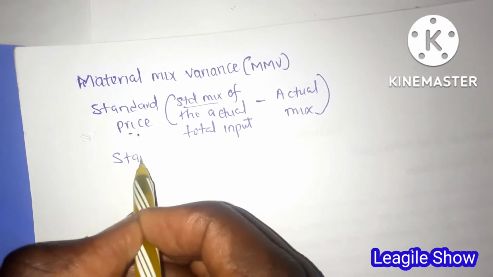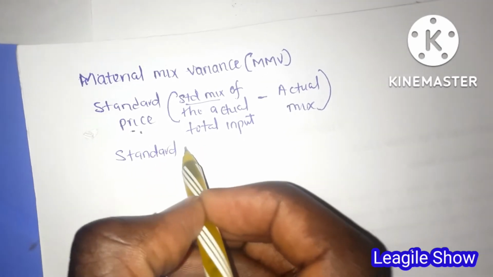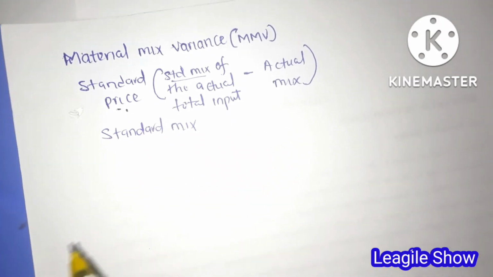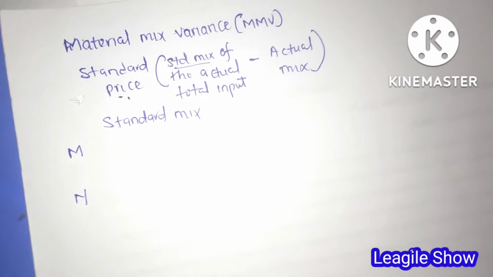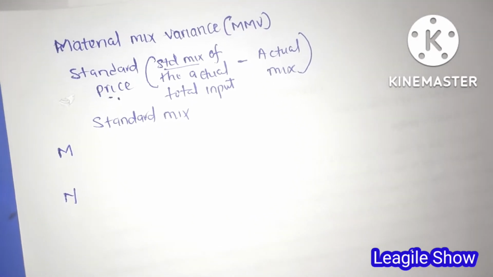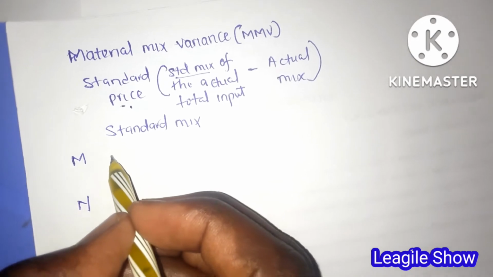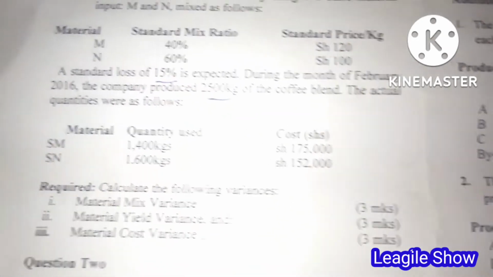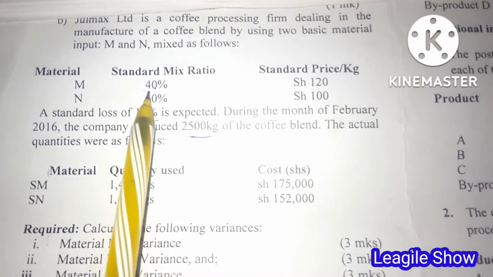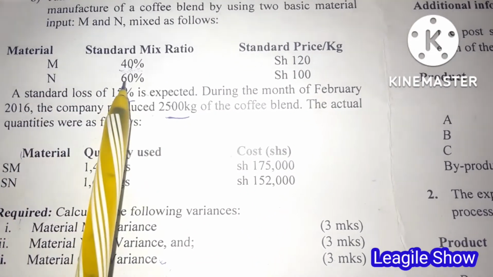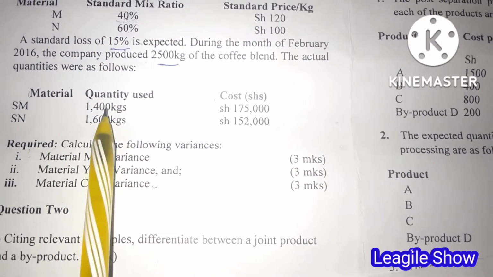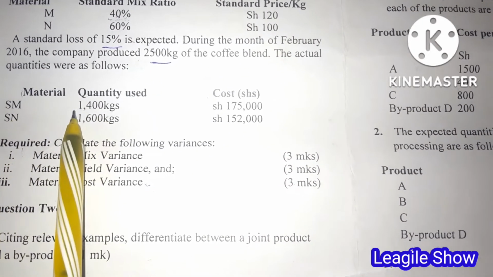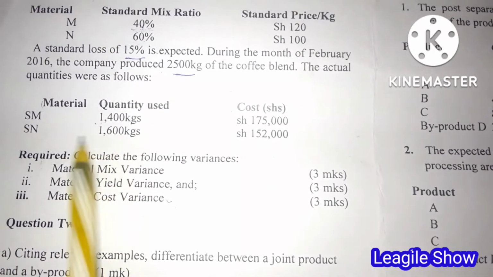So standard mix will be given by, remember we are having two materials, M and N. Starting with the first material M, the proportion for material M in our question was 40%, and the proportion for N was 60%, and the quantity used for material M was 1,400, and that for N is 1,600.